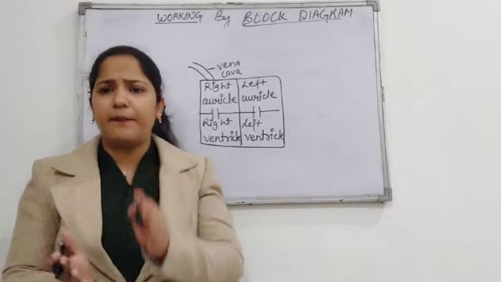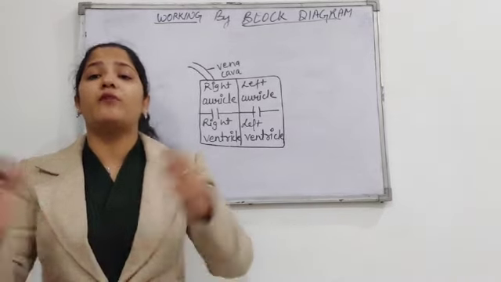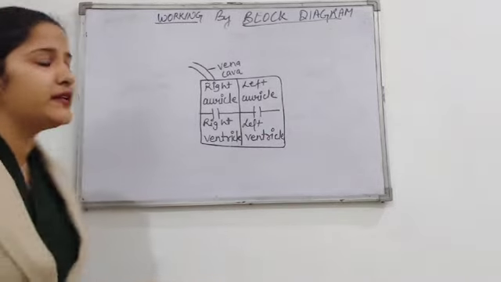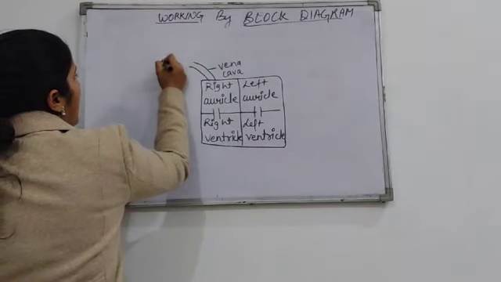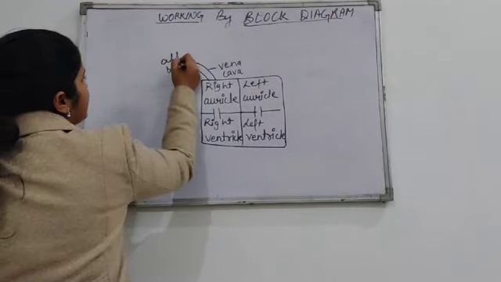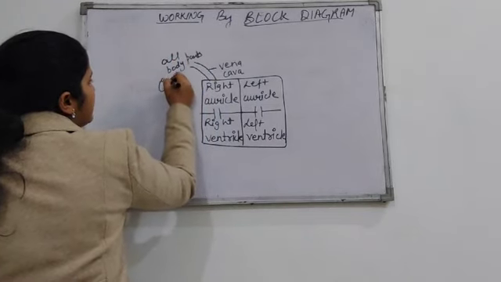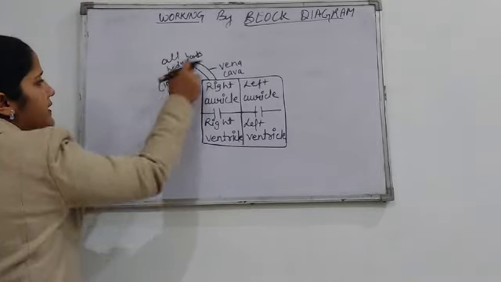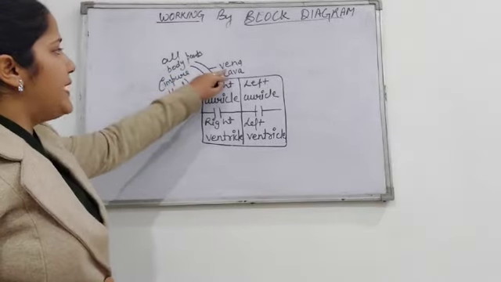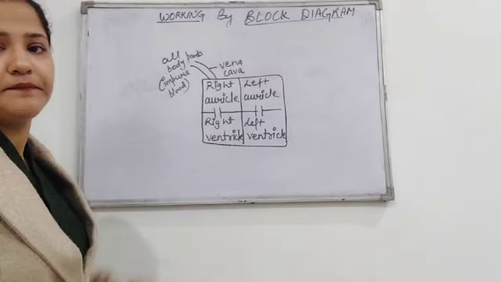Deoxygenated means the blood which has very little oxygen and more impurities and carbon dioxide. So impure blood from all body parts enters with the help of vena cava into the first chamber called right auricle.